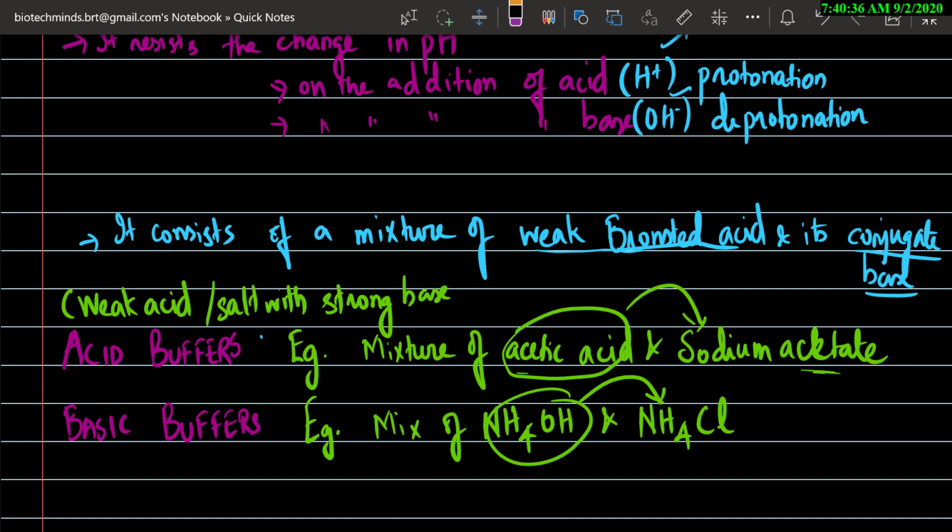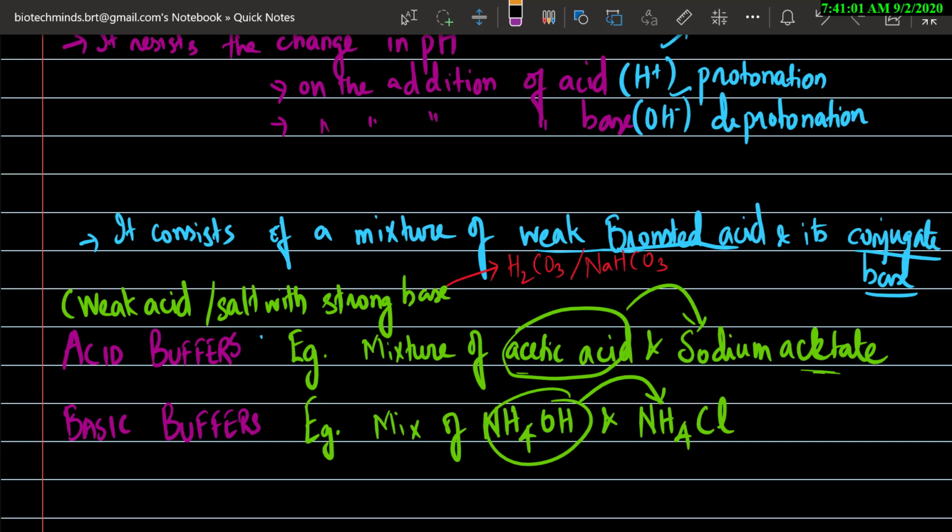So other examples of acid buffers: H2CO3, that is carbonic acid, and sodium bicarbonate. This is the buffer that acts in the blood.